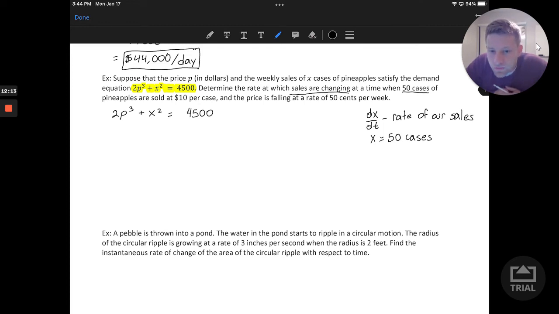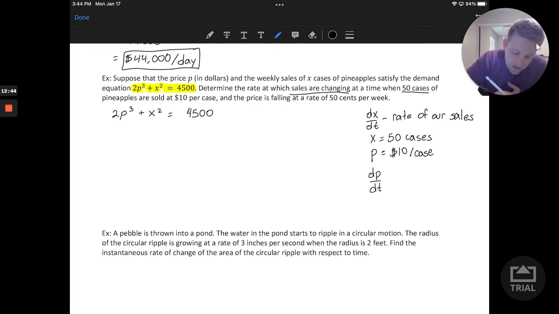And we are selling those cases at $10 per case, and that would be our price. So we have a price P, which is going to be $10 per case. And again, the price is kind of written as a rate, but we know that is just going to be P because dP/dt, this is another idea. This is the rate of change of the price.